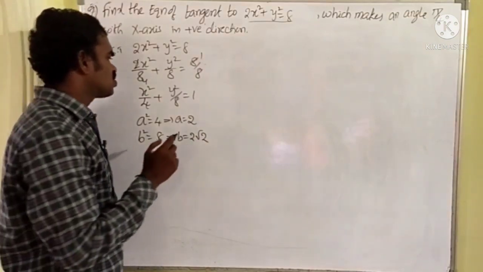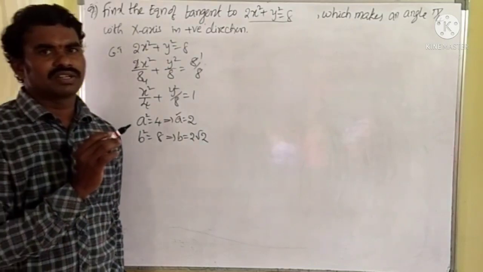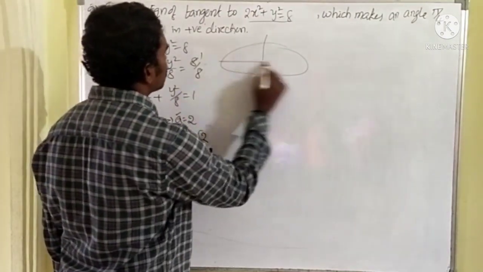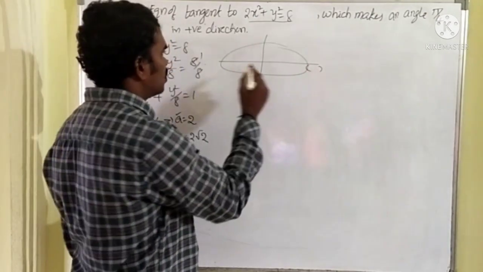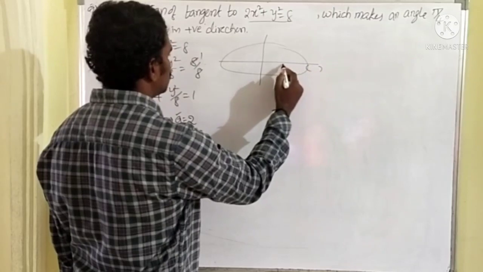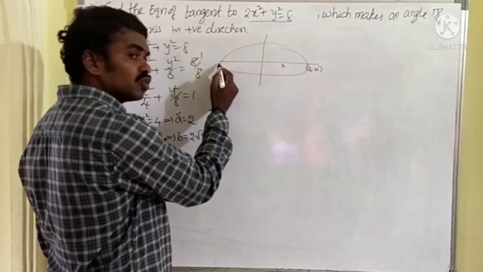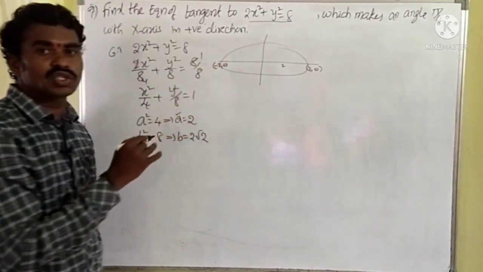Yes. So a is a distance, and distance can always be measured in positive units only. From here to here is 2, so this point is taken as 2 comma 0. From here to here also 2, but when we locate the point, it is located as minus 2 comma 0.